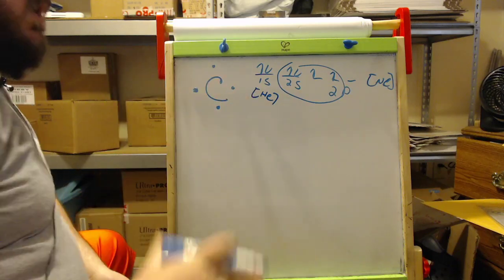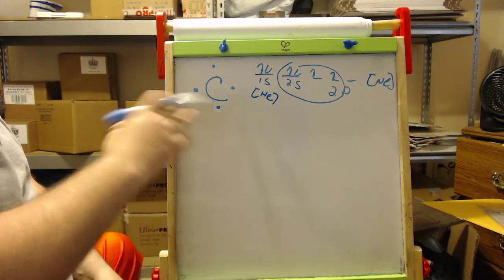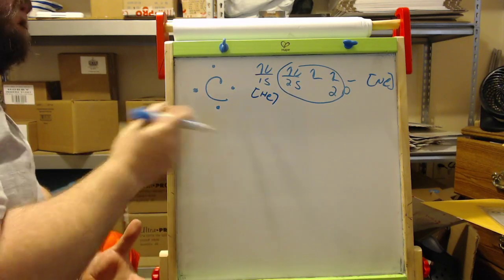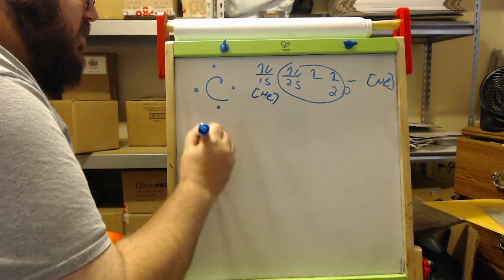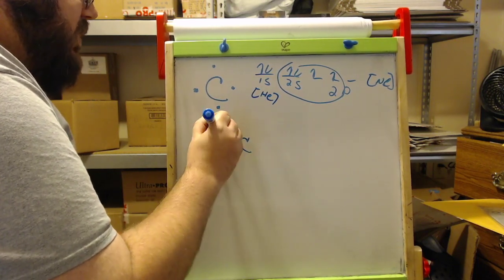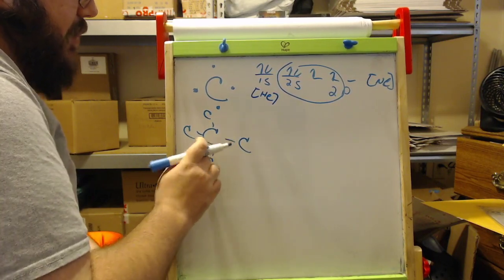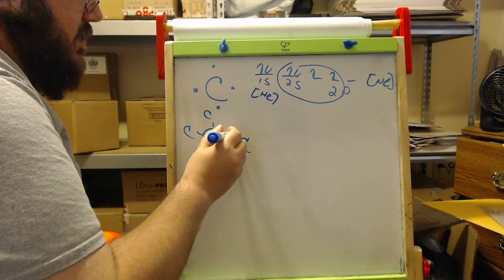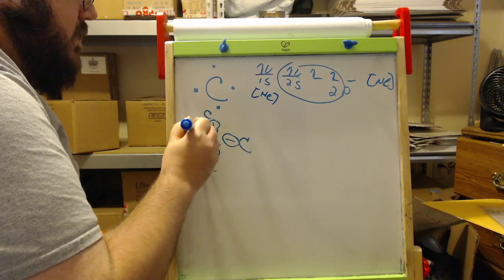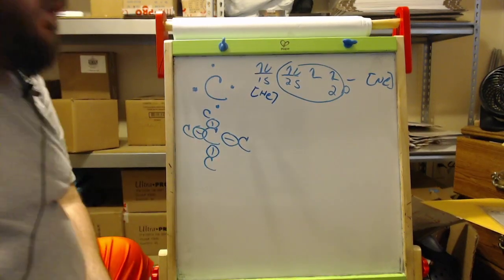Carbon can go either way. It can give up the 4, it can gain the 4. It wants to bond. So carbon could be strong and make bonds with all different carbons. And we show those covalent bonds, those sharings, as lines like so.